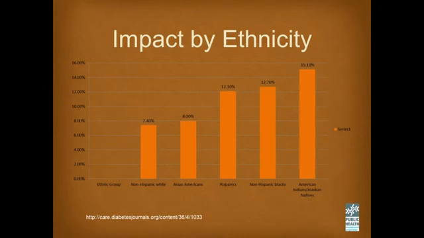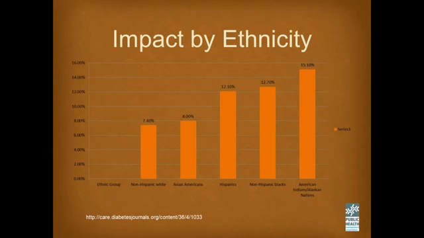Contributing to the burden of diabetes are the number of people that are unaware that they even have diabetes. Of the over 30 million people with diabetes, 7.2 million are undiagnosed, and a higher proportion still are unaware that they are even at risk.